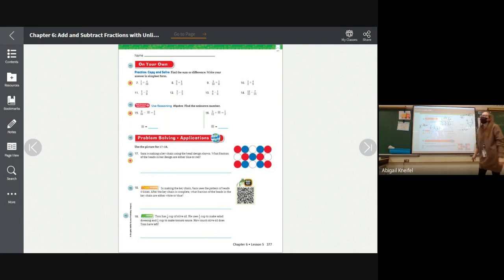Now let's list multiples of 15: 15, 30, 45, 60. Everyone, what is my least common denominator? 60. I'm going to rewrite my denominators below, put my subtraction sign in the middle.